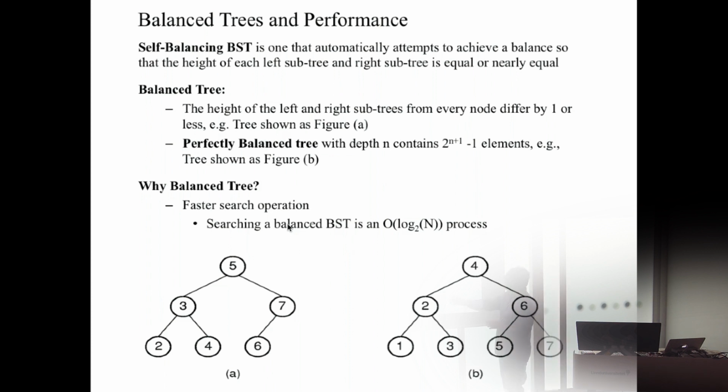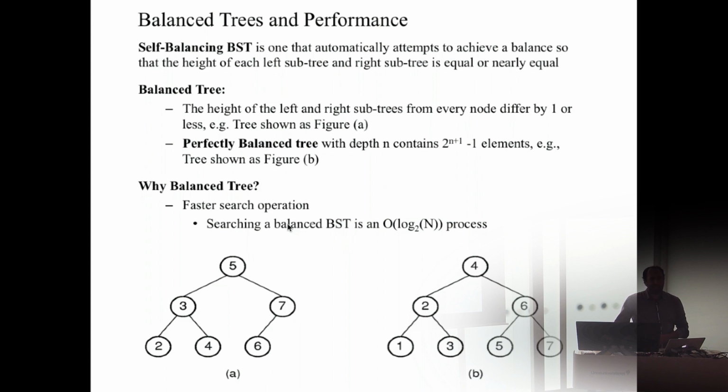So for example, here the depth of this tree is 2, so n plus 1 is 3, 2 raised to power 3 is 8, and 8 minus 1, so the number of elements is 7. If you have exactly that number of elements in your binary search tree, then it's a perfectly balanced search tree. Otherwise, it will not be perfectly balanced.